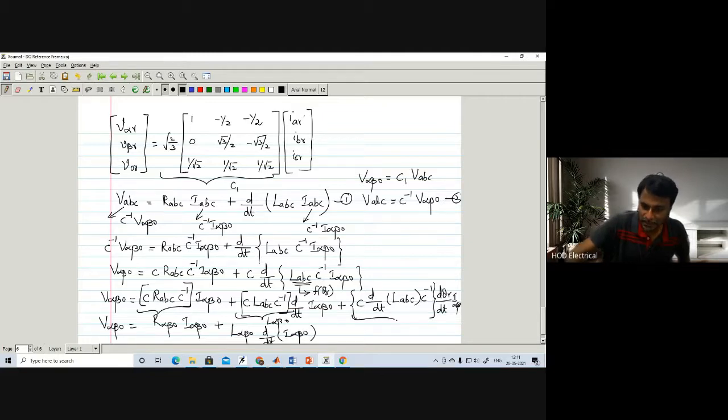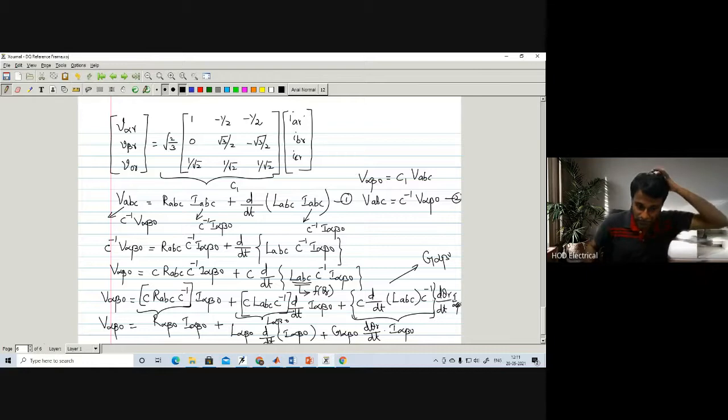Then again, this entire matrix we can write as G alpha beta naught, therefore G alpha beta naught into d theta r by dt into I alpha beta naught. This is the final value of this voltage equation in the alpha beta reference frame.